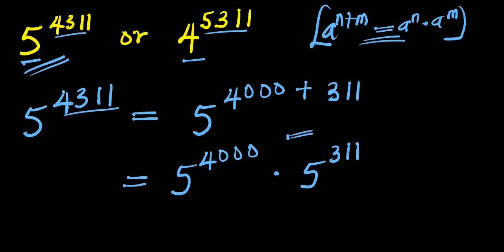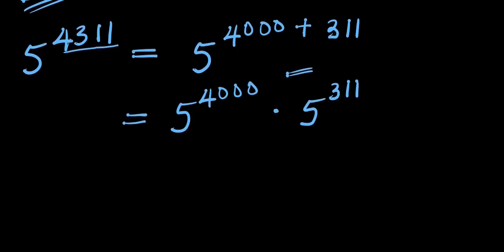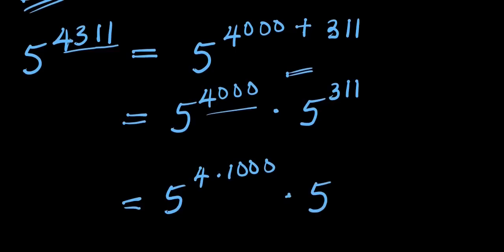Now we can also have this as 5 to the power of 4000, which is the same thing as 4 times 1000. Then we have times 5 to the power of 311.